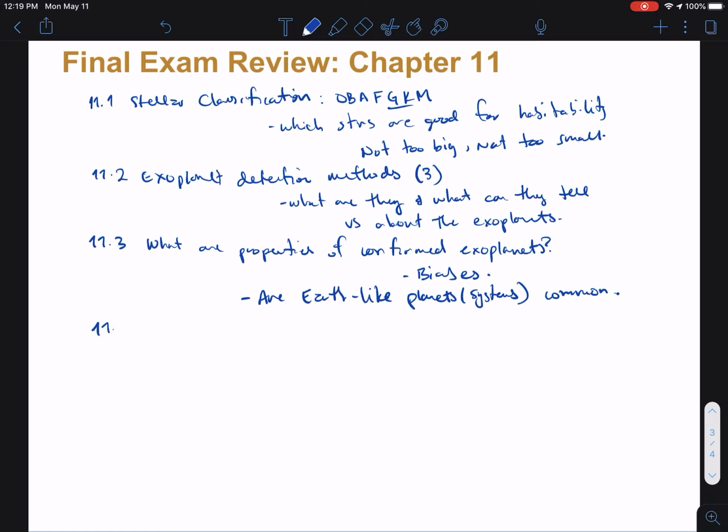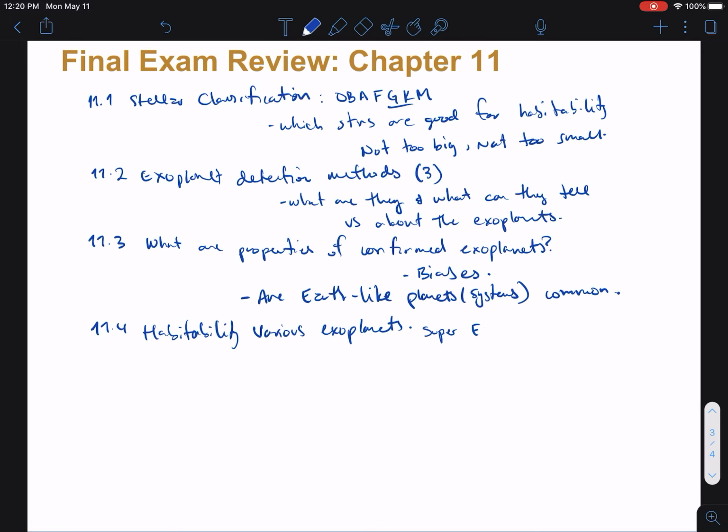We then went on and talked about the habitability of various exoplanets. One thing we talked about there that was kind of different were some of the non-standard planets that might exist.